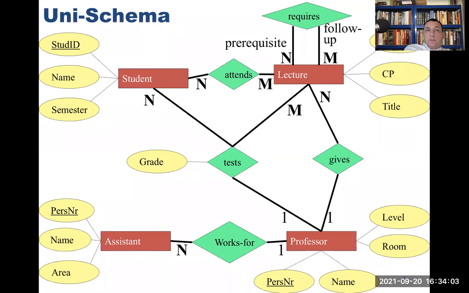First rule telling us that if we want to convert entity-relationship schema into relational schema, we need to grasp each entity, student, lecturer, assistant, professor, and look at ellipses, stud ID, name, semester, person number, title, level, and so on, and create just single table for each entity that consists of names from ovals, from ellipses, and mark a key.